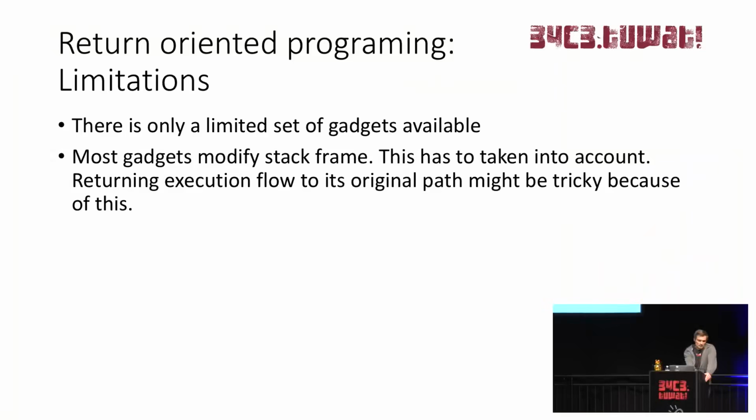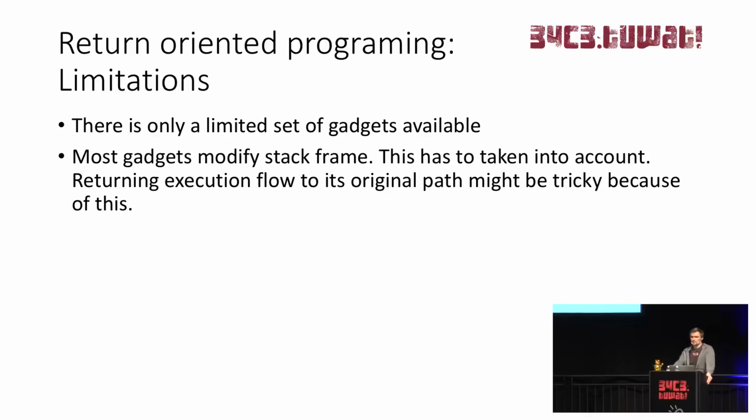The problem with the return-oriented approach is that there is a limited set of gadgets available. If we're talking about the firmware, it's around 200 megabytes of code, so there are plenty of different gadgets there. If we're talking about the ROM monitor, it's only 500 kilobytes of code, so not a lot of code is available.